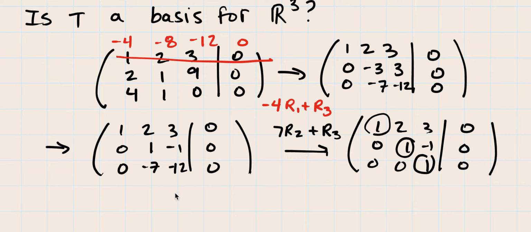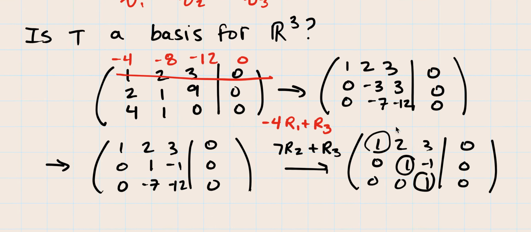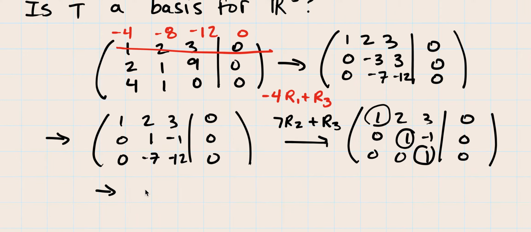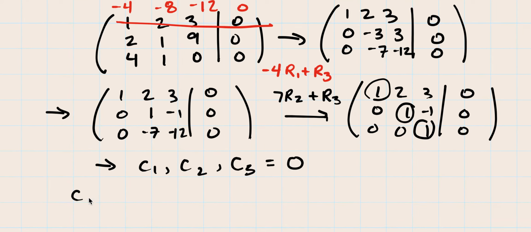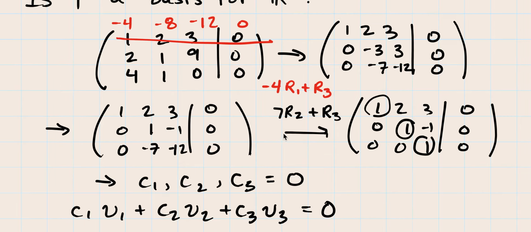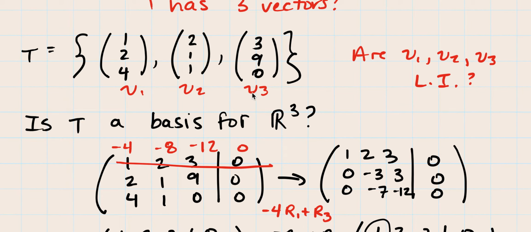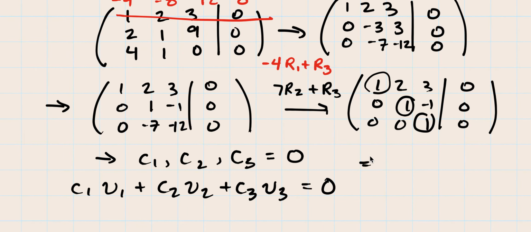So the reduced row echelon form of this matrix here is the identity, which tells me I'm going to have one solution, which tells me that C1, C2, C3 is equal to 0 for C1 V1 plus C2 V2 plus C3 V3 equal to 0, where this is V1, V2, and V3, which tells me our vectors V1, V2, V3 are linearly independent.